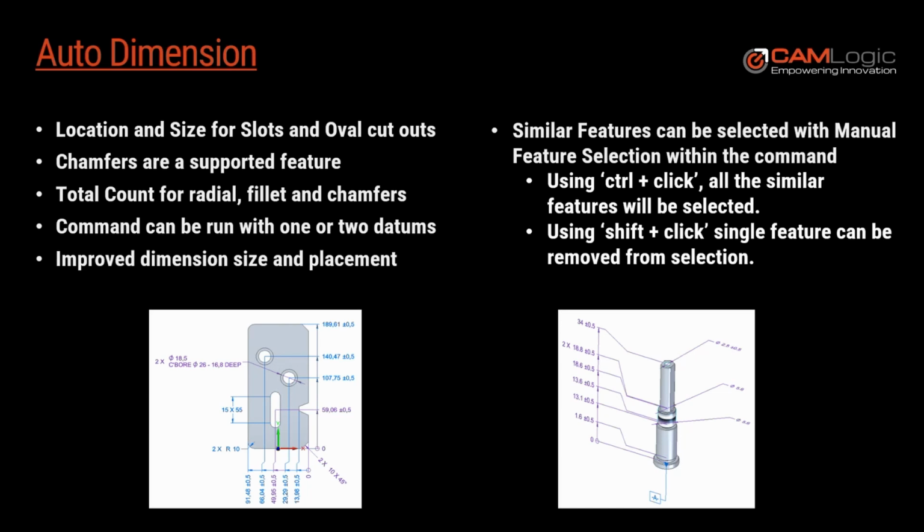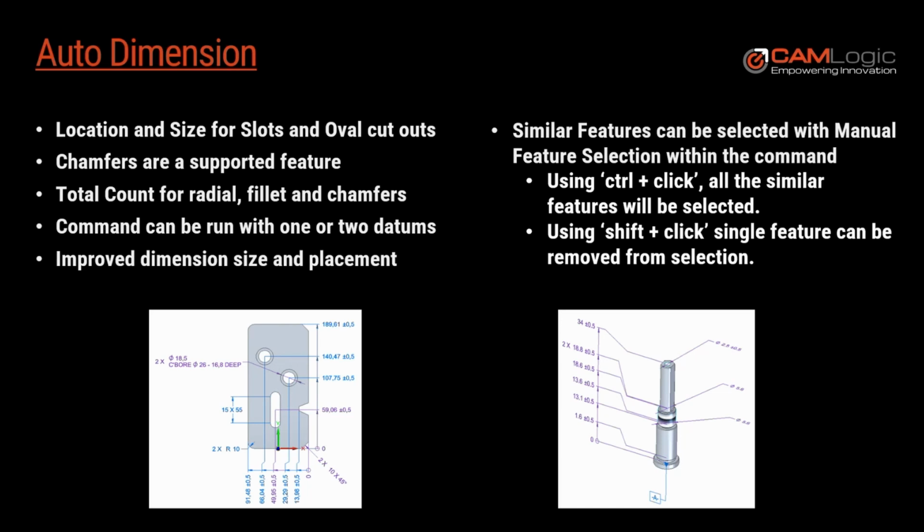This is important because in the previous version, one of the flaws was that it would just add a dimension for each of those features. So if you had 8 chamfers on a part, you would get 8 dimensions that are all identical, one on each chamfer. Now it has a total count.